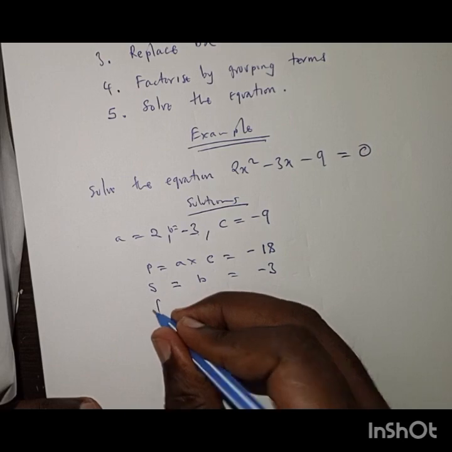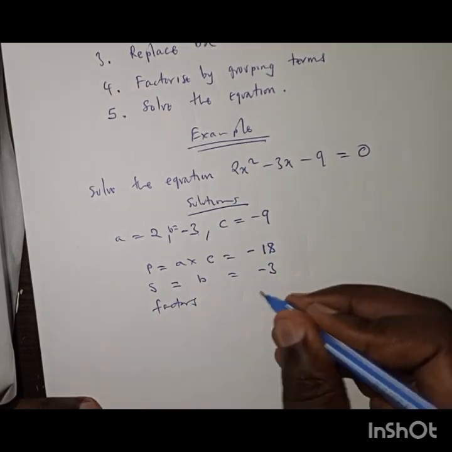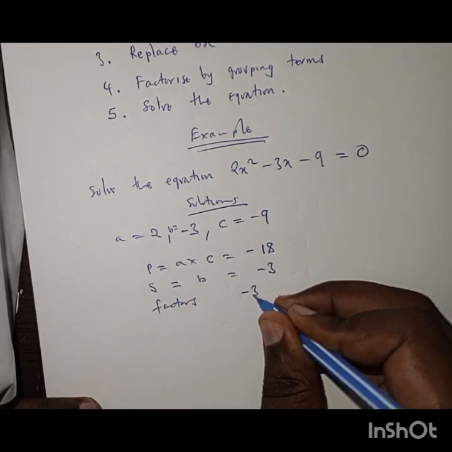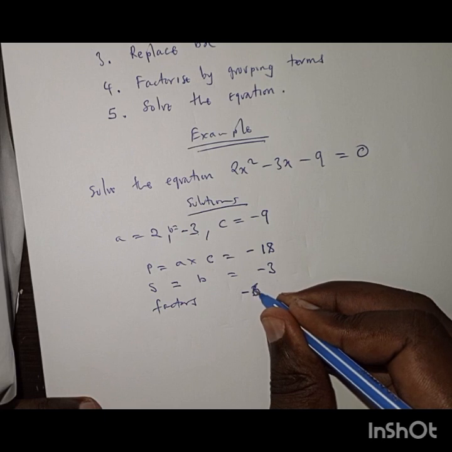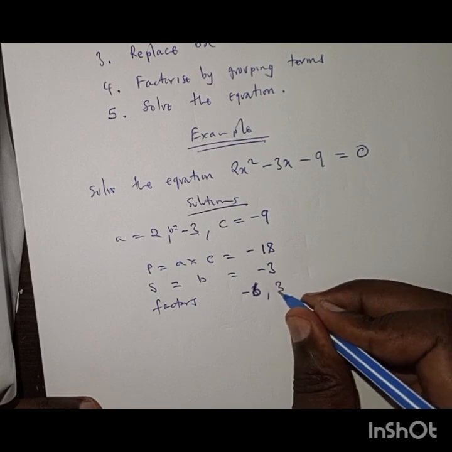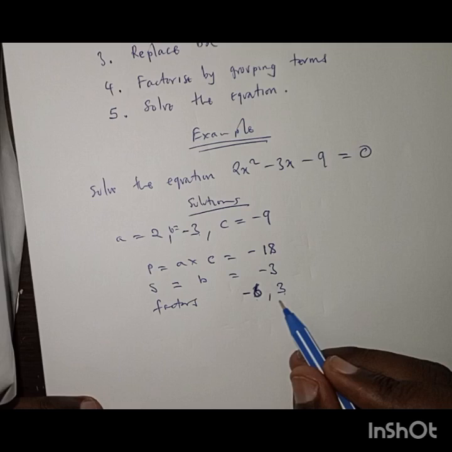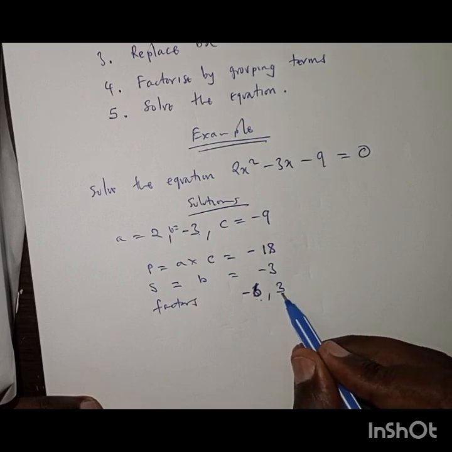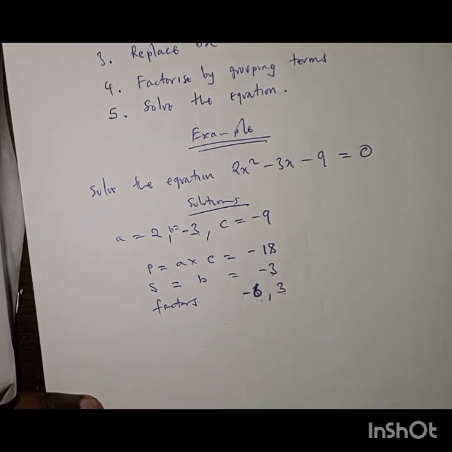So the two factors are -6 and 3. -6 times 3, you get -18. -6 plus 3, you get -3. Those are the two factors. So that is step 2.